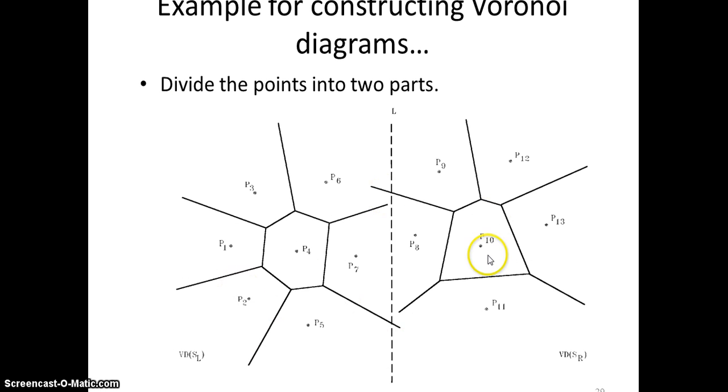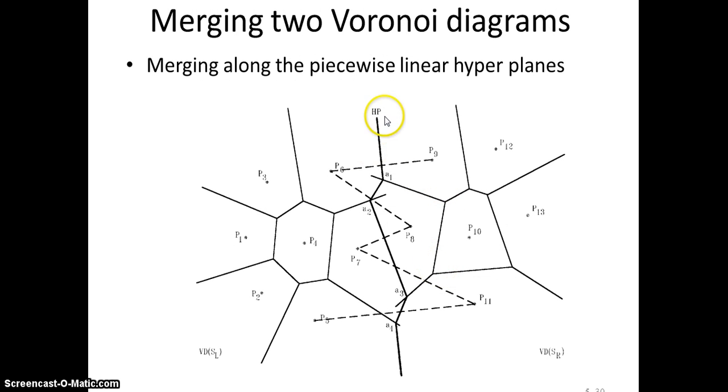For example, these two diagrams have to be merged in the last step. Then what will happen? We'll take the perpendicular bisector of P6 and P9. These are the nearest neighbors again: P6 and P8, P7 and P8, P7 and P11, P5 and P11, and so on. So these edges are the bisectors of these two points. P6 and P8 have this particular bisector.